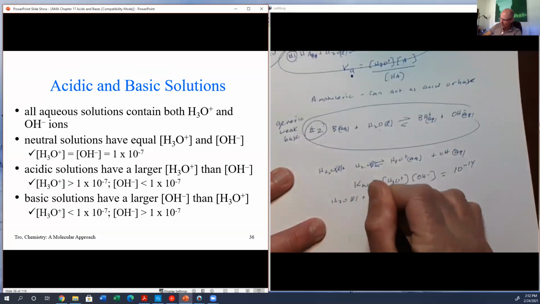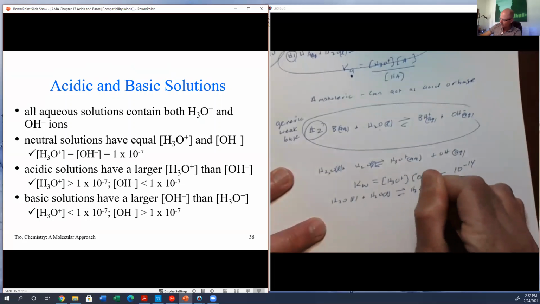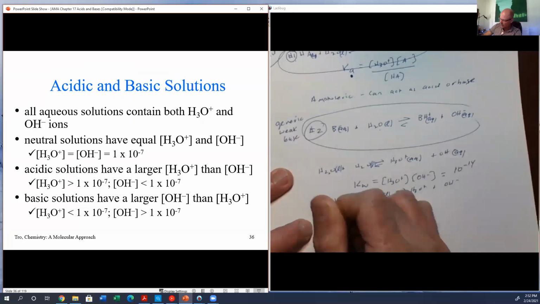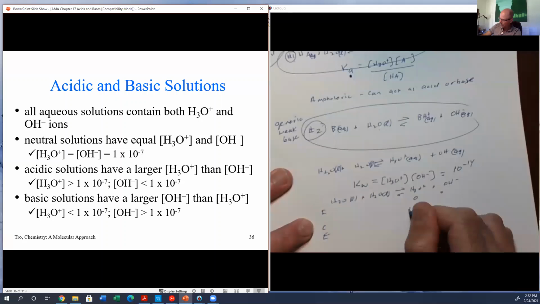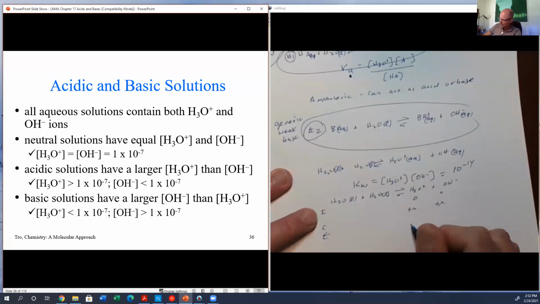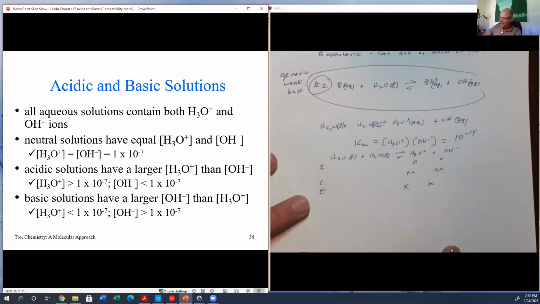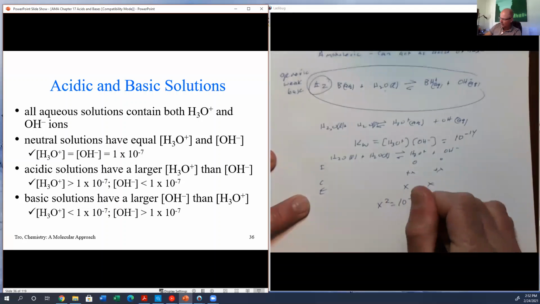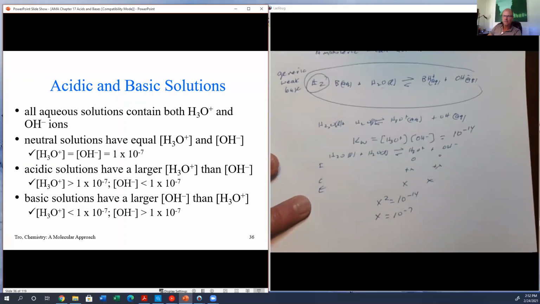And I can find out the concentrations of those, right? In equilibrium with H3O+ and OH-: initial 0, 0, change +X, equilibrium X, X. So what do I have? I have X squared equals 10 to the minus 14, so X is equal to 10 to the minus 7.